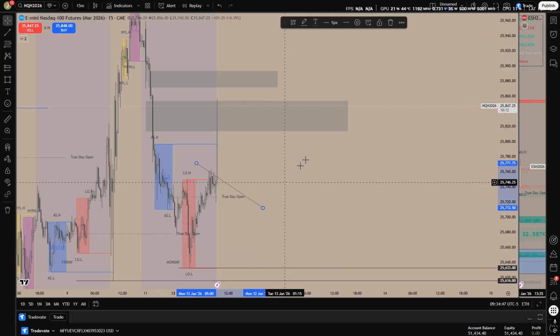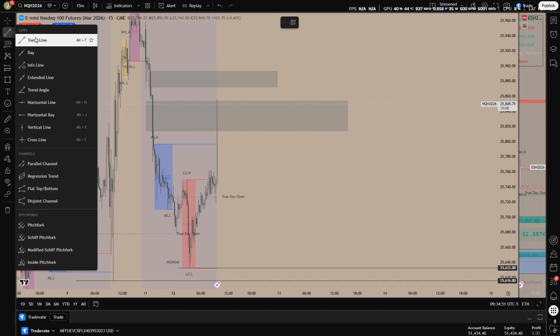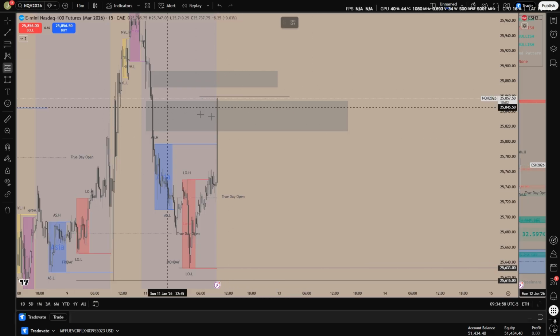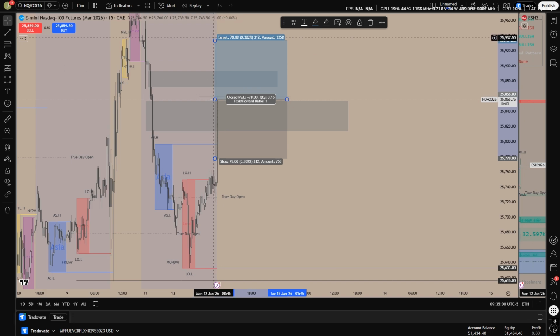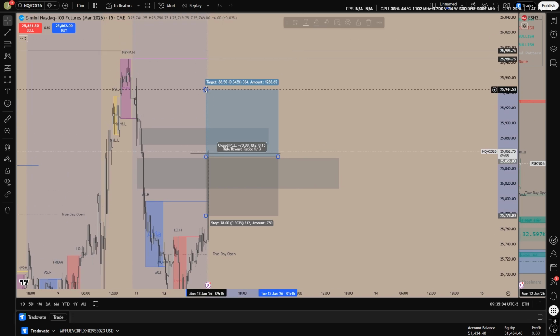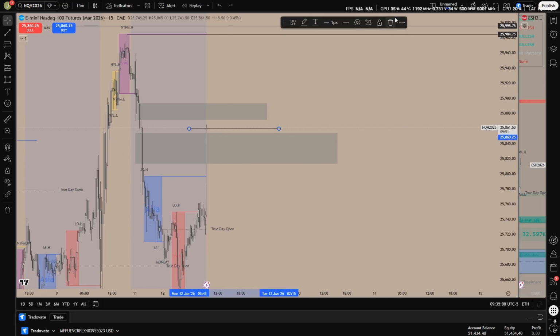Or what it can do, which is probably what it's doing right now, it can disrespect it and then we'll have a candle close above the inefficiency. If we have a candle close above it, which it looks like we're going to have here, that means price has disrespected it and price will continue to trade higher. But we have to wait for a candle close.